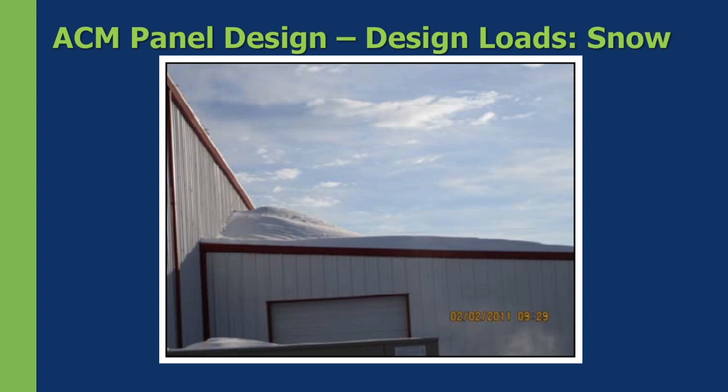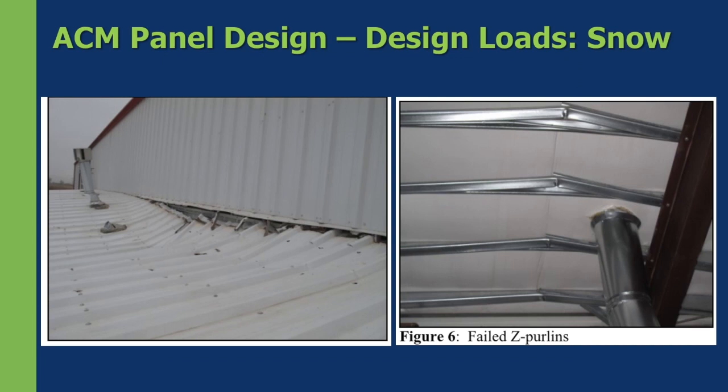And what happened in this case was the purlins failed. So the roof structure failed. And as you can see, the weight of the snow caused a massive deformation of the whole entire roof system. And now that roof is going to have to be replaced. It's critical to understand snow drift and to apply the proper snow drift in our calculations.